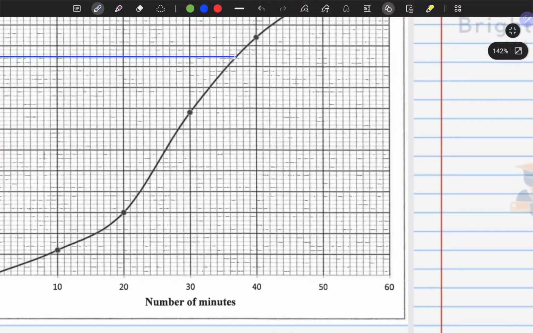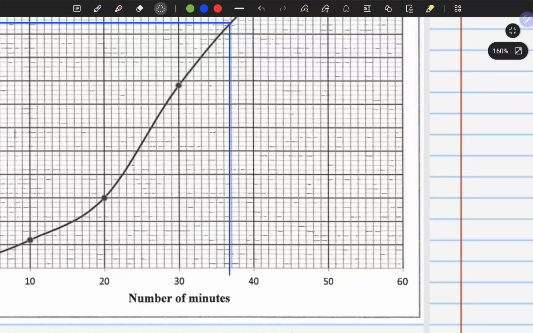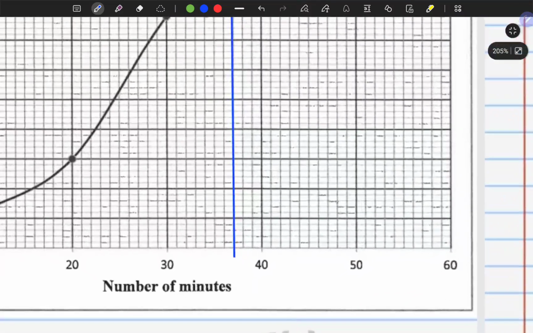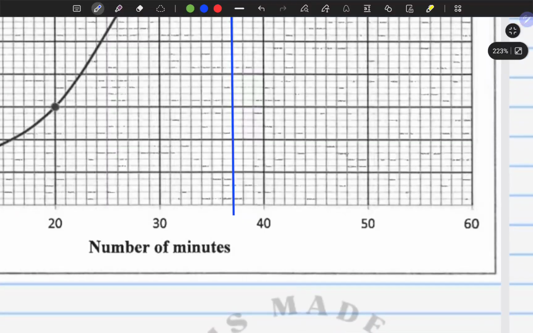And then we just move down like that. Let's move it to that line. Yes, so that is what we have. So now I just need to figure out how to read this.